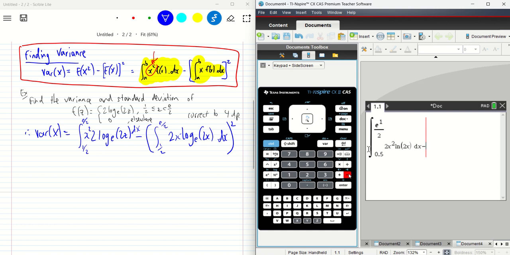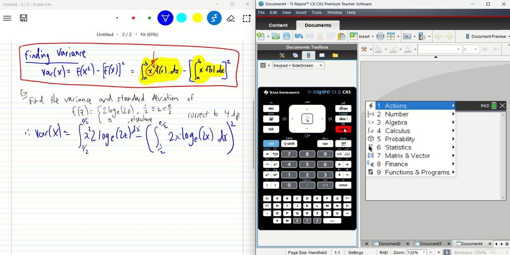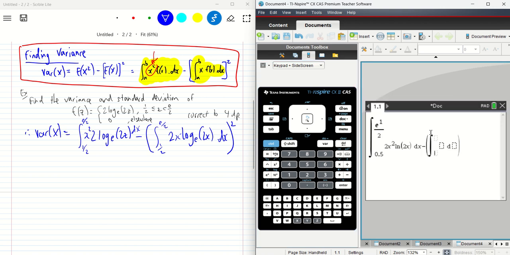Take away bracket, because we're going to square the whole thing. Menu, calculus, integral, same thing. 0.5, I can just do E somewhere. Can I just do that? That's it.